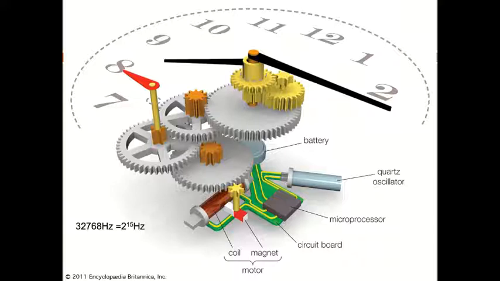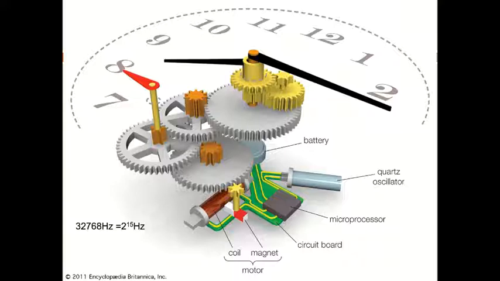This microprocessor will reduce this frequency from 2 power 15 to 1. They have programmed it like that. This microprocessor will reduce the frequency given by the quartz oscillator from 2 power 15 to 1. Per second, one oscillation.